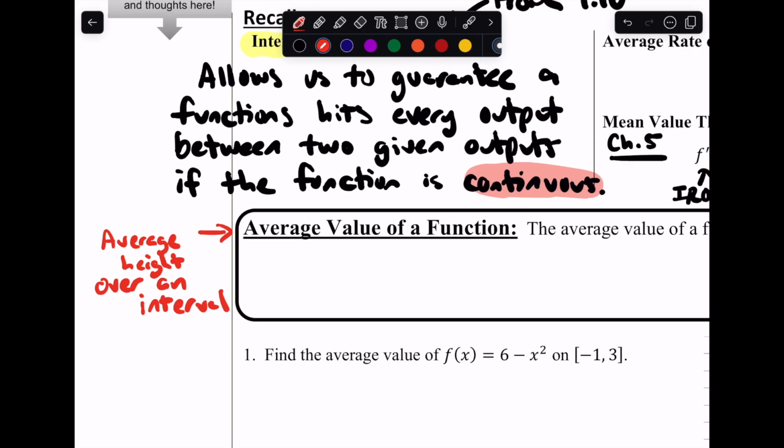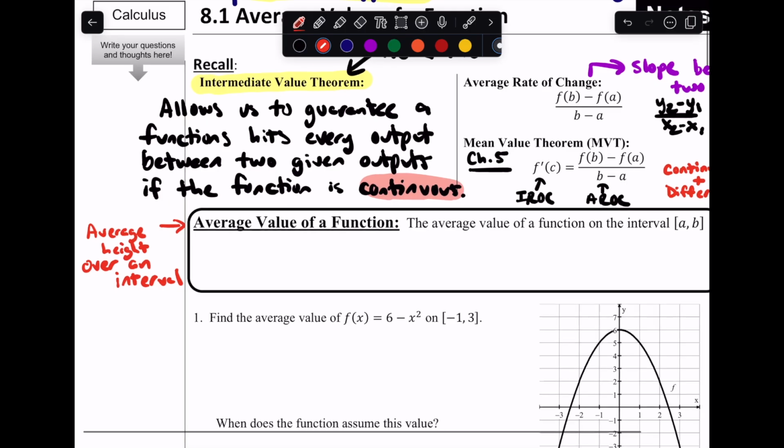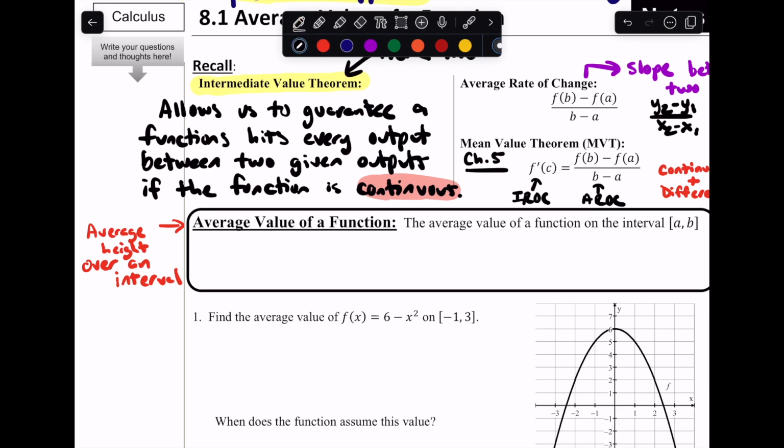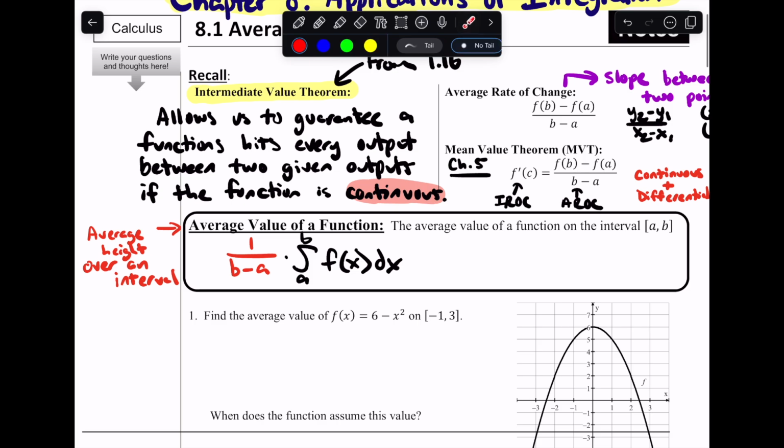And the formula for this is going to use integration, as we've been doing over the last couple of chapters. It's going to be 1 over b minus a times the integral from a to b of f of x dx. And specifically, this is going to give us the average value of a function on the interval from a to b.